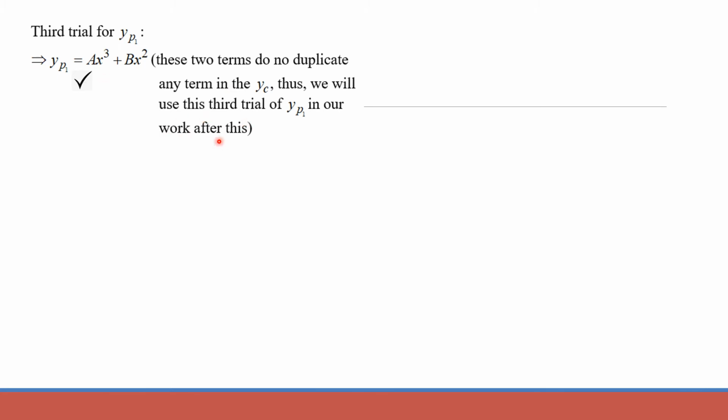So we have tried multiplying yp1 by x for the first time, it doesn't work. We multiply by x another time, it doesn't work again. Then only for the third trial, it seems that the yp1 has no similarity with the form of the yc. So this yp1 will be accepted as the yp1 in our work after this.